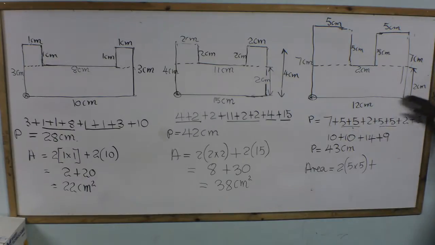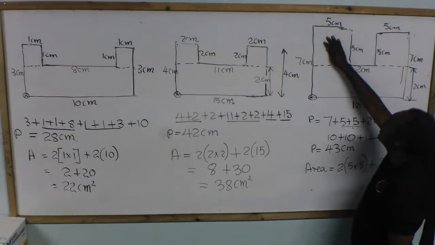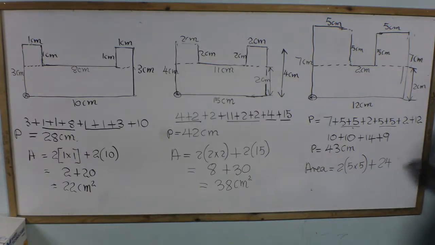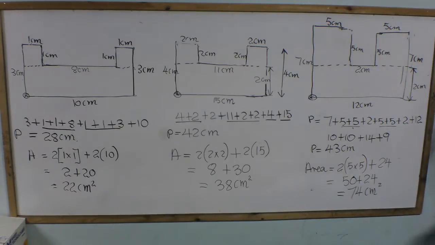So we have 12 times 2, which turns out to be 24. And we have these two, which are identical squares, 5 by 5. So this will turn out to be 25 times 2, so that is 50 plus 24, which is 74 centimeters squared.